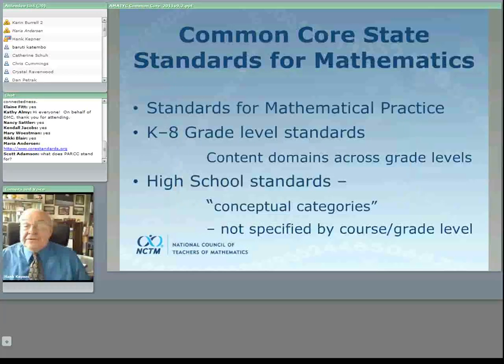And that's primarily in response to No Child Left Behind assessment regulations, currently from the Department of Public Instruction and the federal Department of Education's work. And then at the high school level, the standards are listed by general categories of content, not by grade level or by course. I'll return to both of those in a minute. But those are the 3 components that are part of the document.